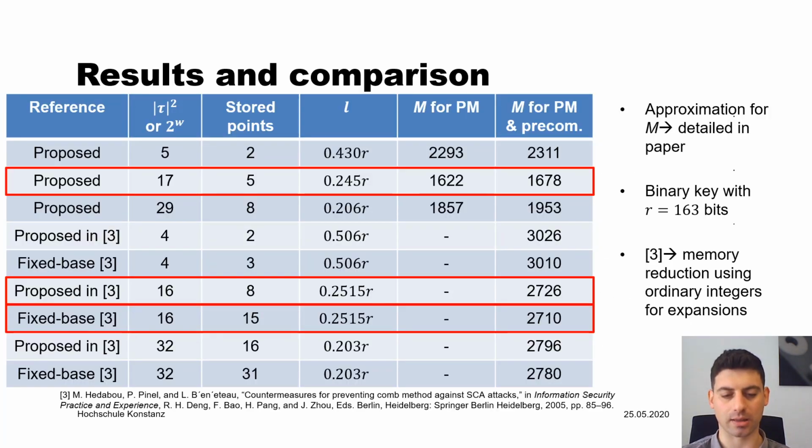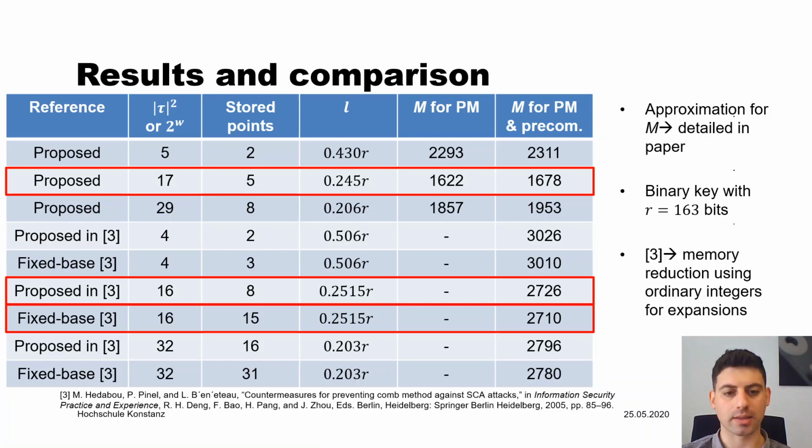Now we consider the results. We approximate the calculation complexity by the required number of multiplication equivalent operations. We consider a binary key with 163 bits and compare the results with the fixed base variant and the proposal from Hedabou, which aims at reducing the required memory.